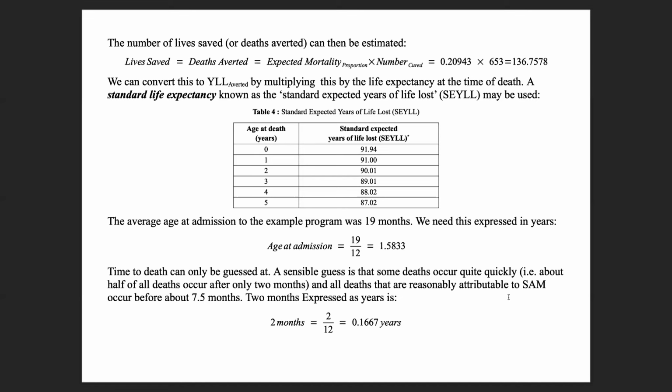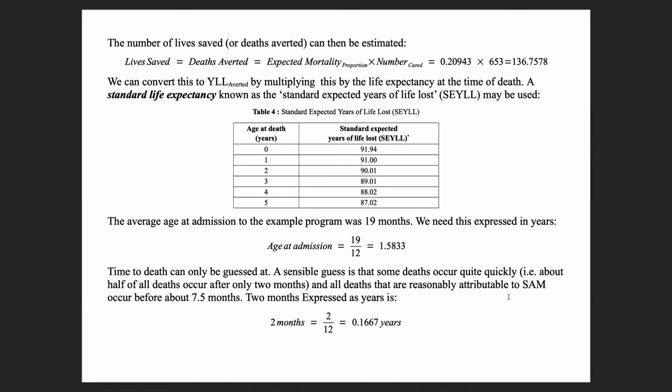That is the counterfactual. So we can take that number of deaths averted and multiply that by life expectancy at the time of death, and that would give us years of life lost, or years of life lost averted.